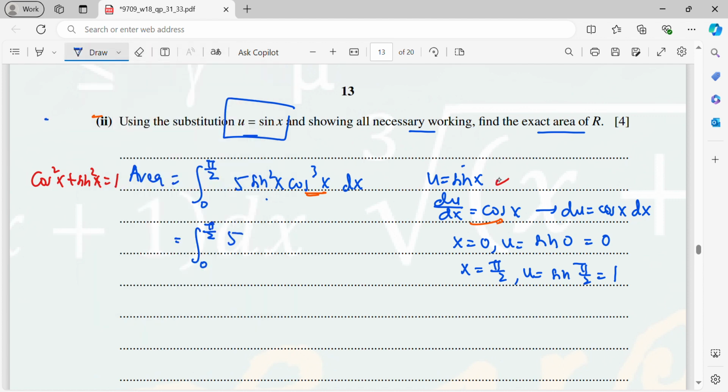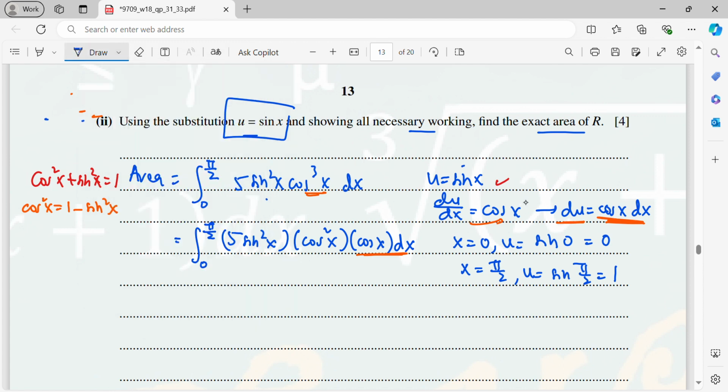Okay, so it will be 5 sine square x, because you are given the u as sine x. Then the cos cube, I will change to cos square x and then cos x dx, because the cos x dx will be combined together to get the du. So now left the cos square x. That's why here I need to get the cos square x as 1 minus sine square x.